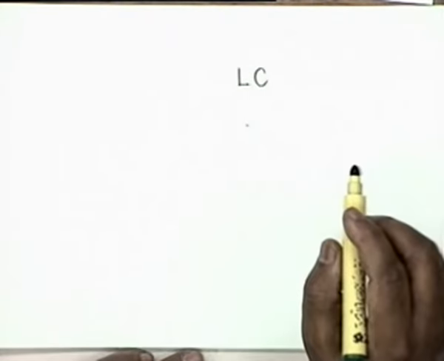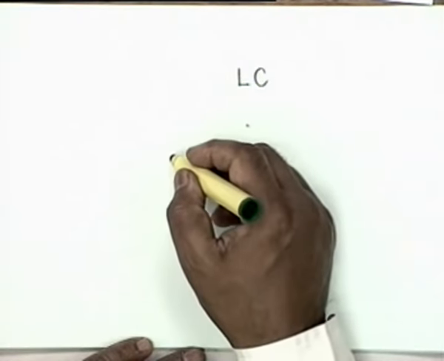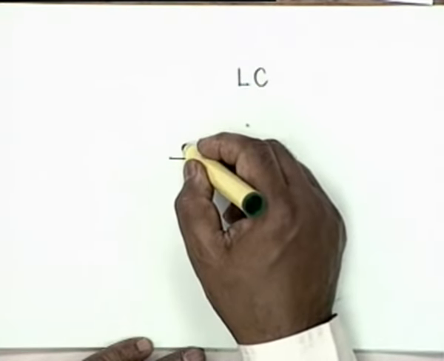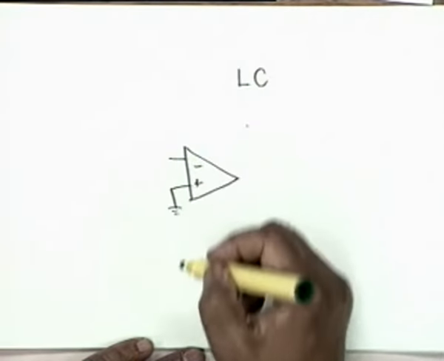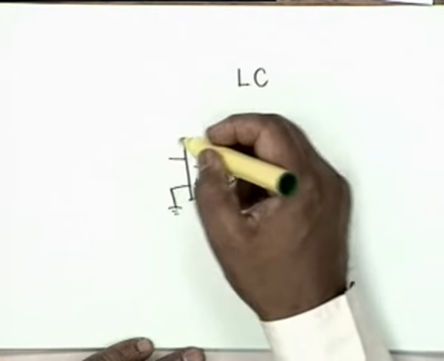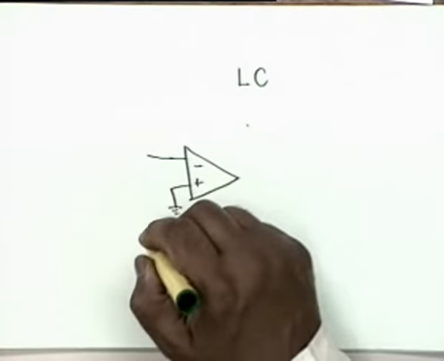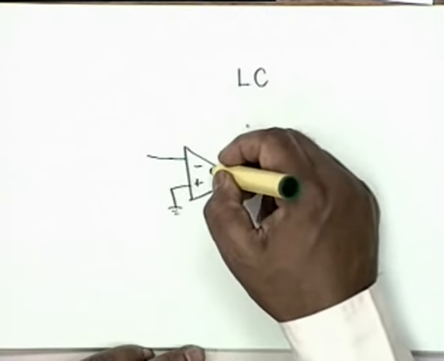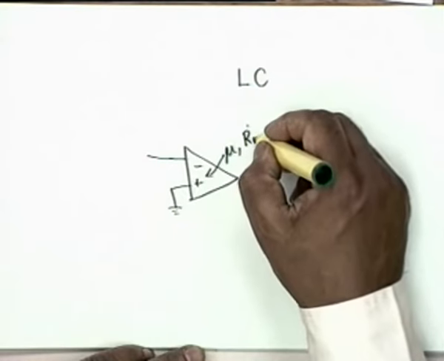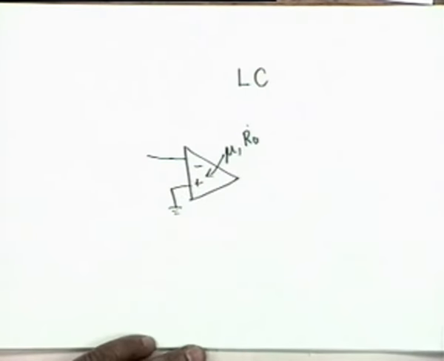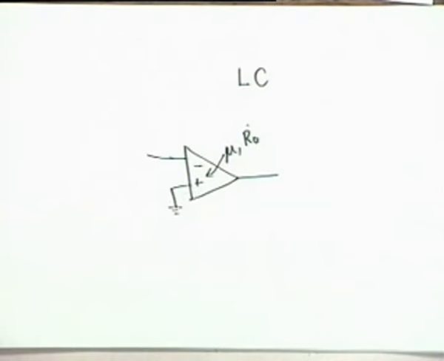What you require is an inverting amplifier, which is ideal in all respects, except that it is allowed to have a non-zero output resistance R0. This is the non-ideality that we can permit.